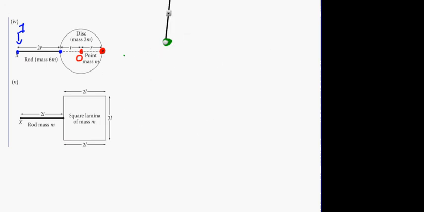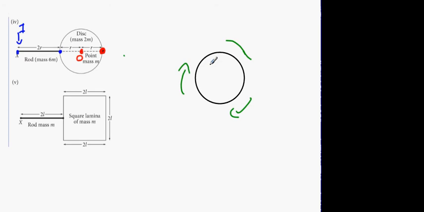Everybody got it? Now, the other one was the disc, and the disc was also rotating around an axis going into the page. Now the big problem with the lamina is that the lamina's proof was parallel to the plane.